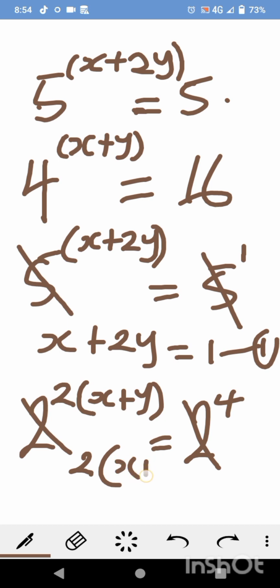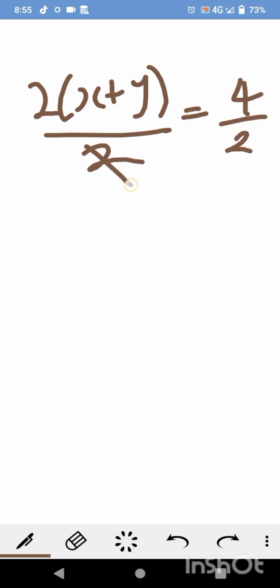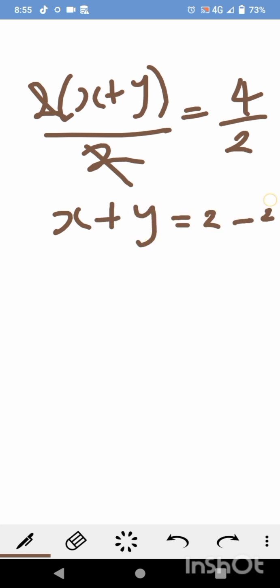Let me write it down first: 2 open bracket x plus y equals 4. That can be simplified further by dividing both sides by 2, to reduce the bulkiness of the equation. So we'll have x plus y equals 2.